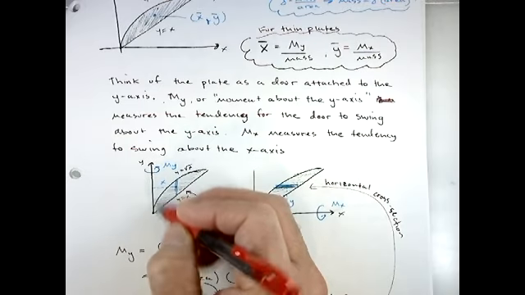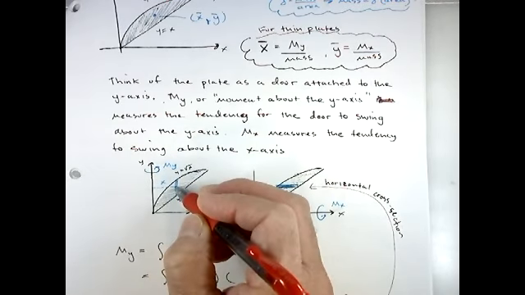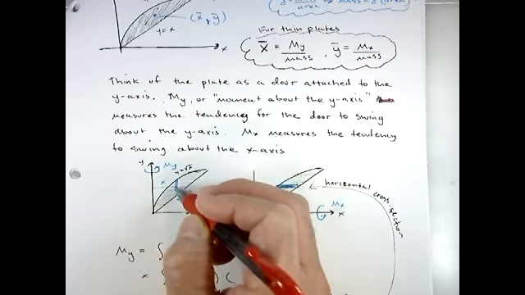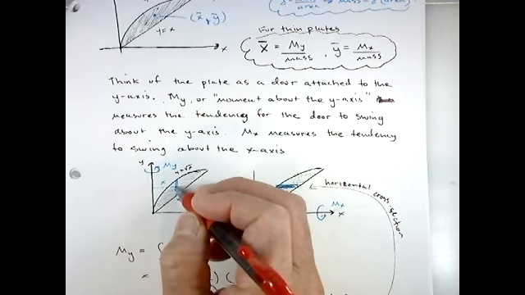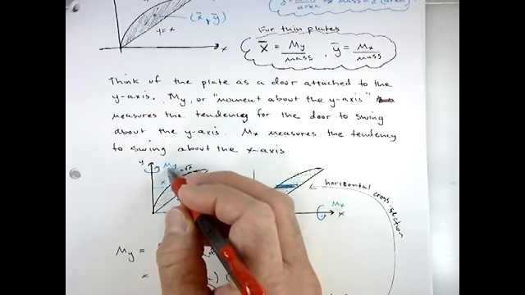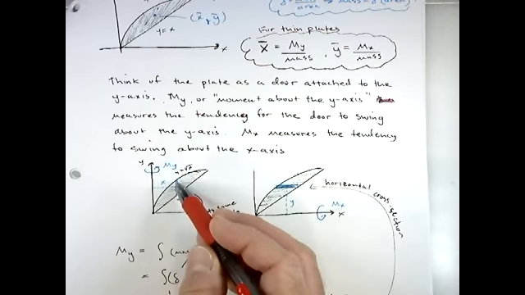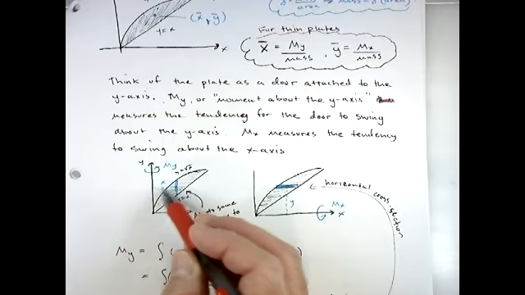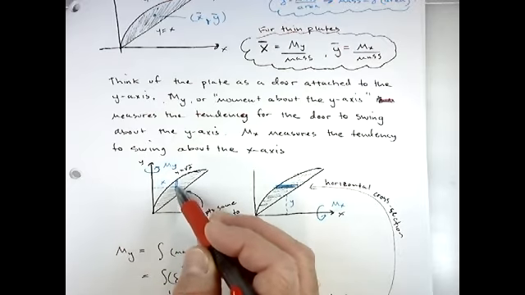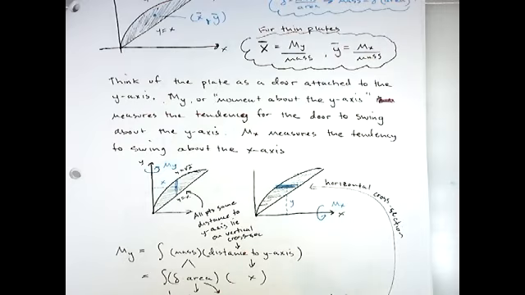So this whole y-axis is like your fulcrum. It's rotating around that. So if this thing was hanging, for example, this mass would cause this to want to rotate around the y-axis. So the moment about the y-axis is defined as mass times distance to the y-axis. Of course, your mass would be along a thin vertical strip.